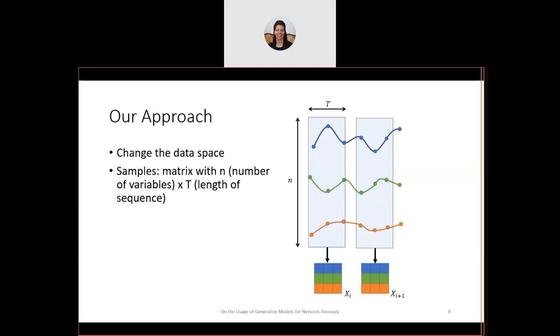We use a moving window of length t, and we convert the series into many small sequences that will be our samples. Therefore, we work in a matrix space, with a matrix of n rows, the number of variables of the system, and t columns, the length of the sequence. This is like a hyperparameter.